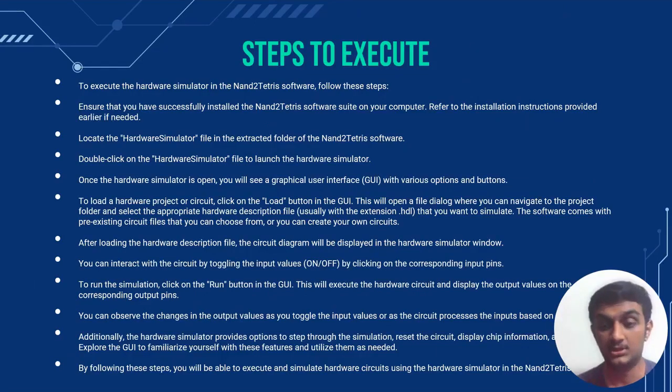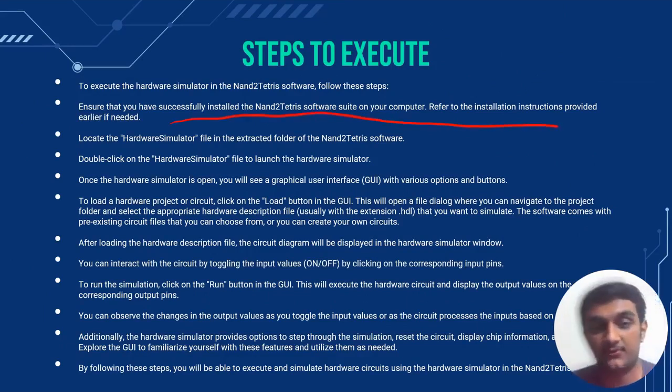So before the demonstration, I would like to make a few clarifications on the steps to execute a program in NAND2TETRIS. First, we have to successfully install the NAND2TETRIS software suite on the computer, and locate the hardware simulator file that is present in the extracted folder of the NAND2TETRIS software.